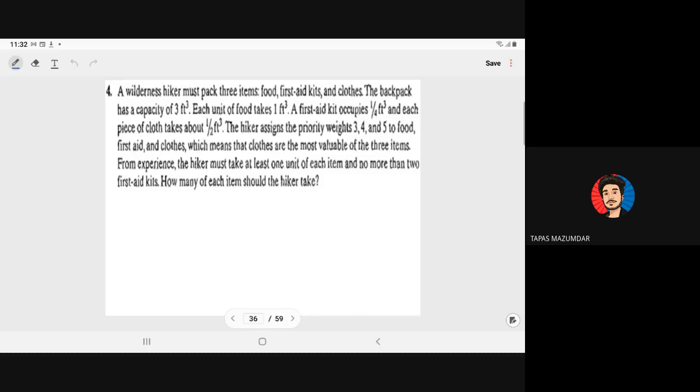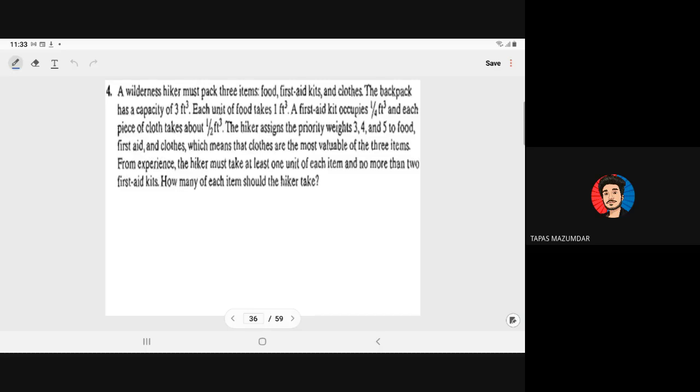Each unit of food takes 1 feet cube, a first aid kit occupies 1 by 4 feet cube, and each piece of cloth takes about half a feet cube. The hiker assigns the priority weights 3, 4, 5 to food, first aid, and clothes, which means the clothes are the most valuable of the three items.